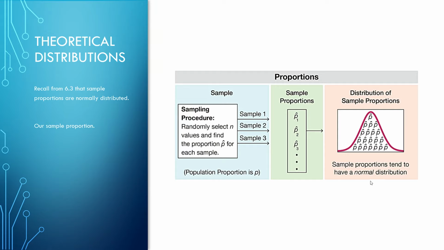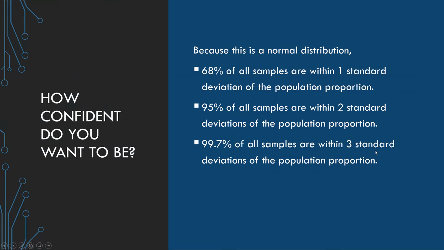But we do know that this is a normal distribution, which means, like all normal distributions, 68% of all samples, maybe ours is in there, maybe it's not, are within one standard deviation. 95% of all samples, maybe ours is in there, maybe it's not, are within two standard deviations. And 99.7% of all samples are within three standard deviations of that population parameter, proportion in this case.